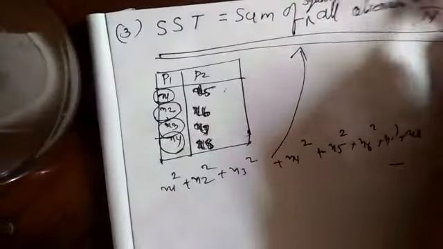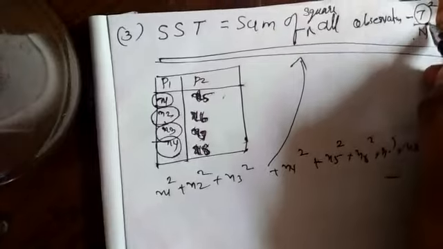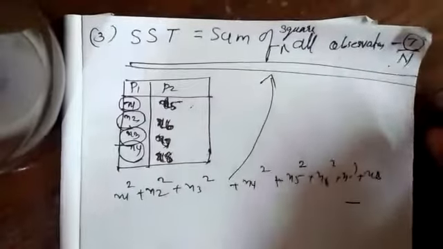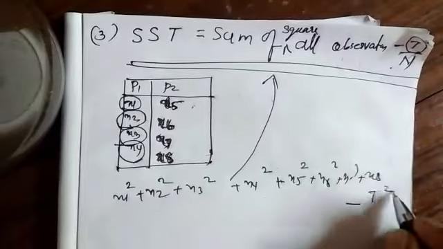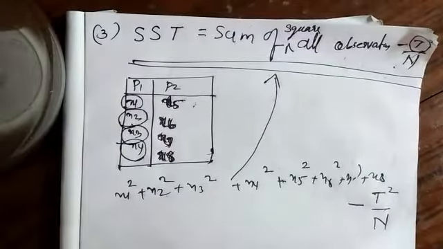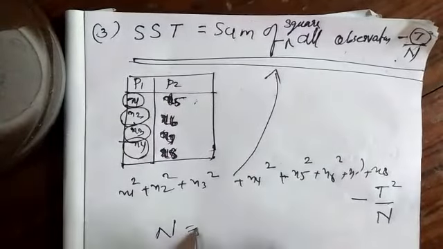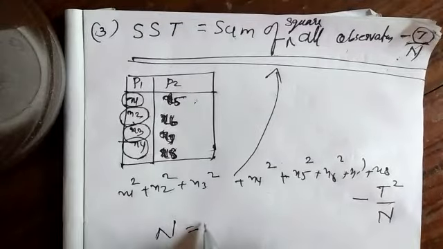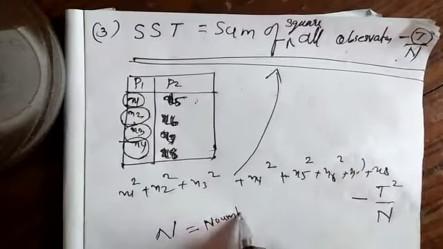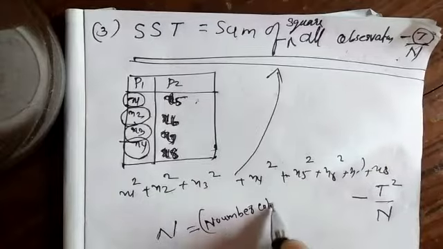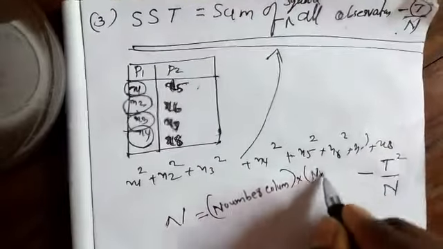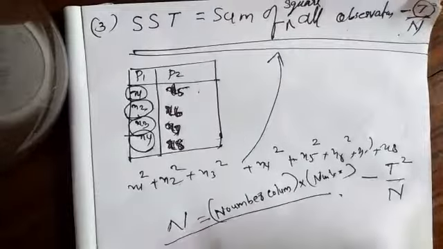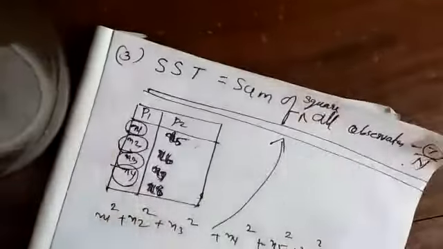Minus, you already take the value of T. T is the total sum of column and row. T square by n. What is n? N is the number of columns into the number of rows. That is n. Clear? How to find SST?